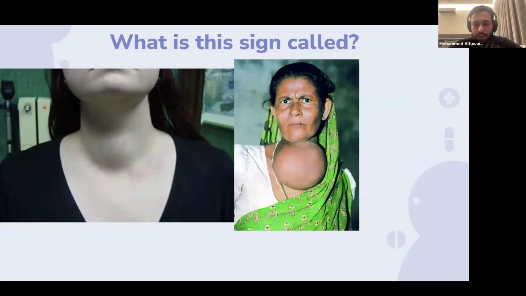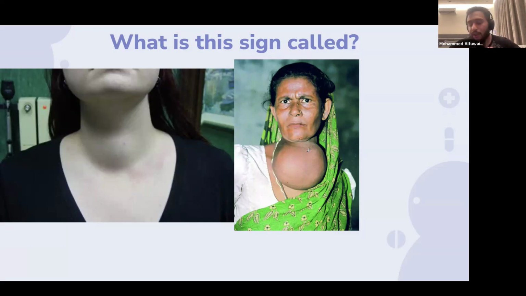Now, this patient over here, what do they have? Goiter, excellent. Goiter just means enlargement of the thyroid gland. We'll get to the causes of goiter because there are a lot. You have autoimmune causes, thyroiditis, toxic multinodular goiter, which could be what this patient has.